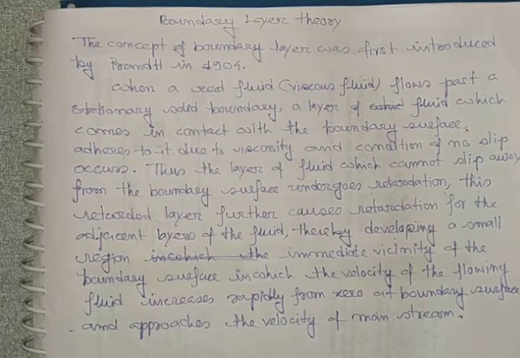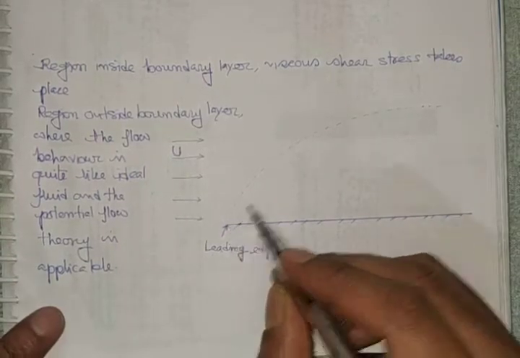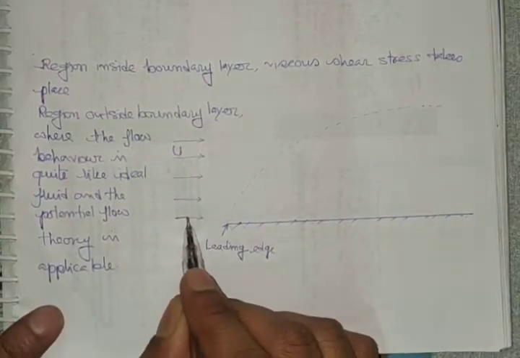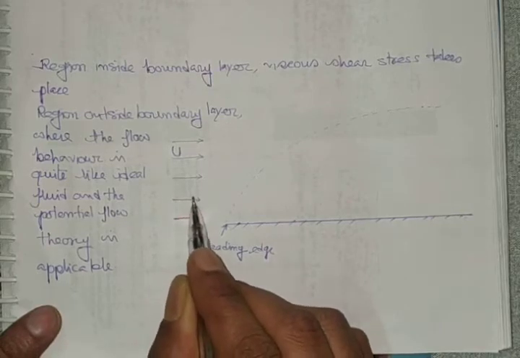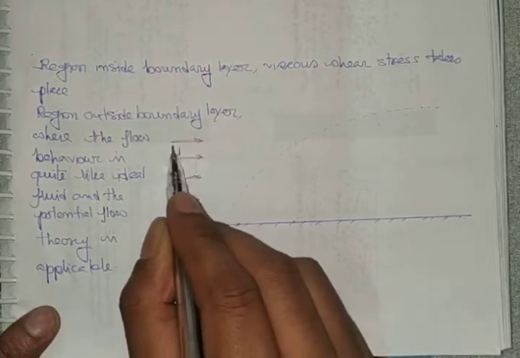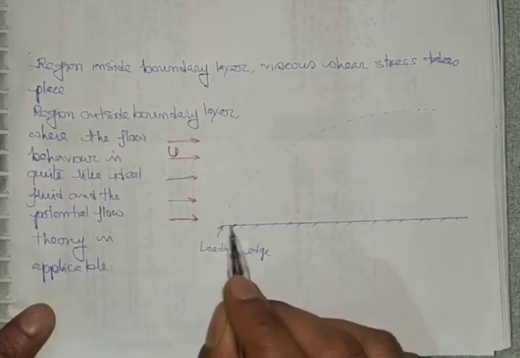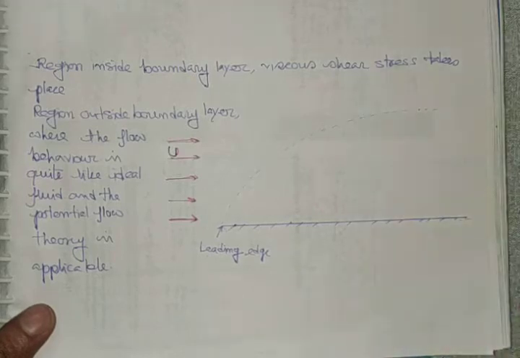To understand boundary layers, let's try to understand this. Suppose a free stream velocity of fluid with a velocity capital U is coming from this side, and this is your solid boundary surface.